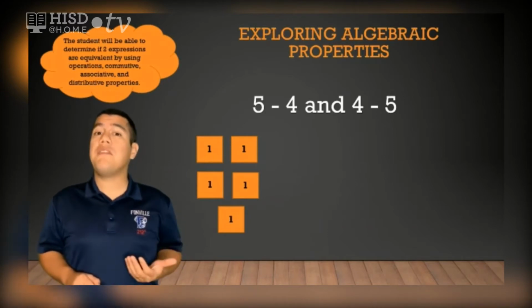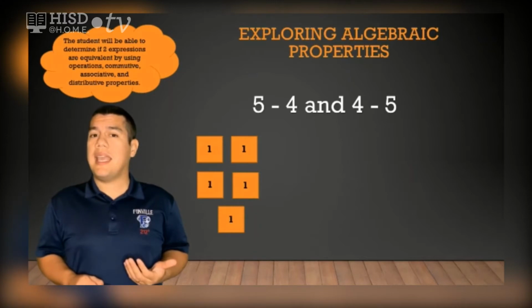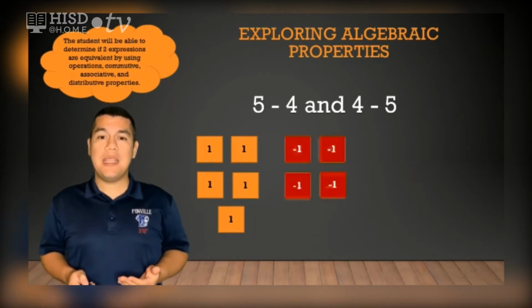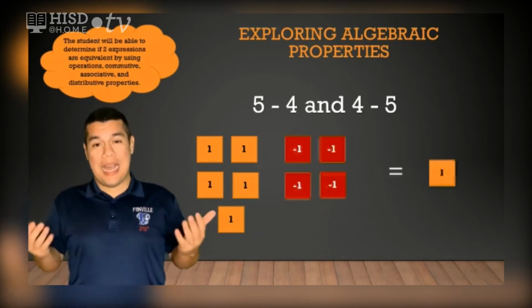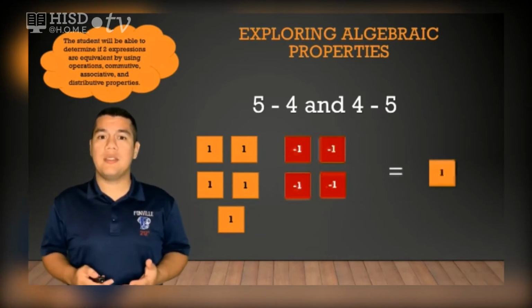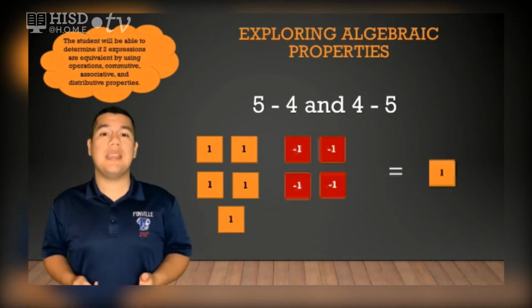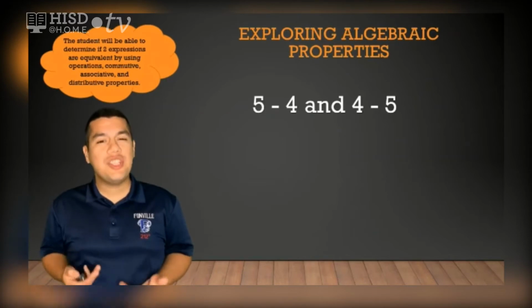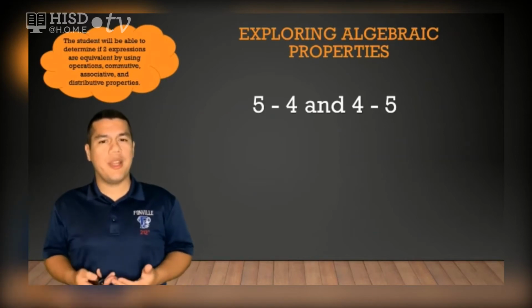If I have 5 positive units and I add 4 negative units, that means that I have, as a result, only one positive unit, or our result is going to be the number positive 1. What if I change the order of operations?